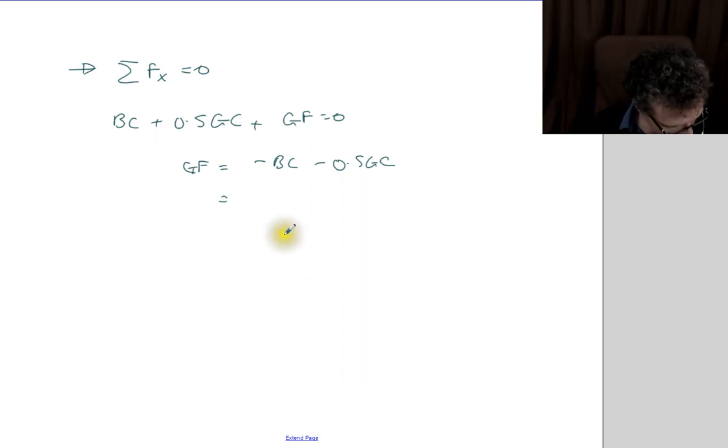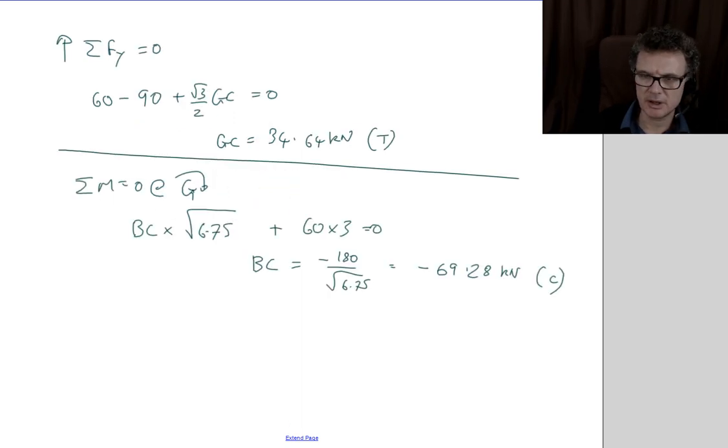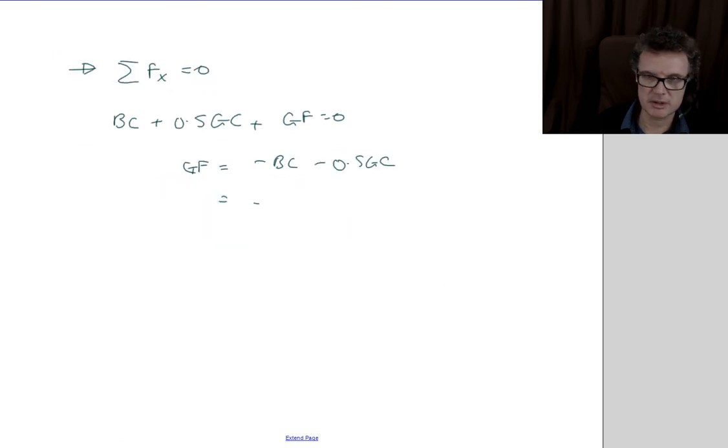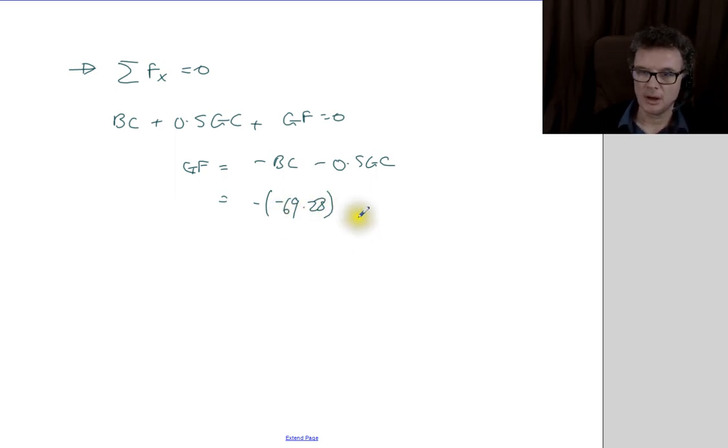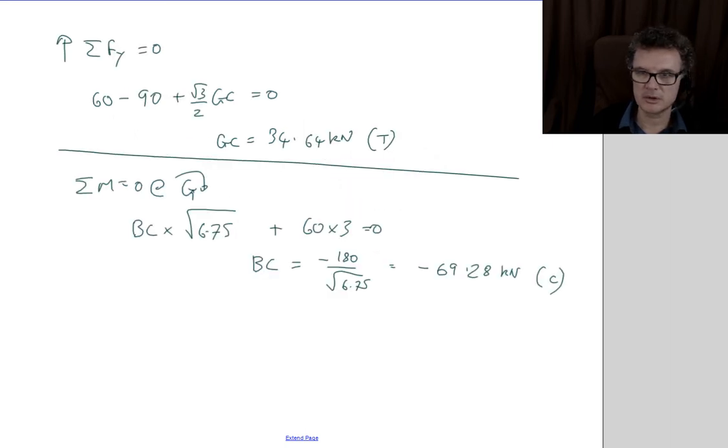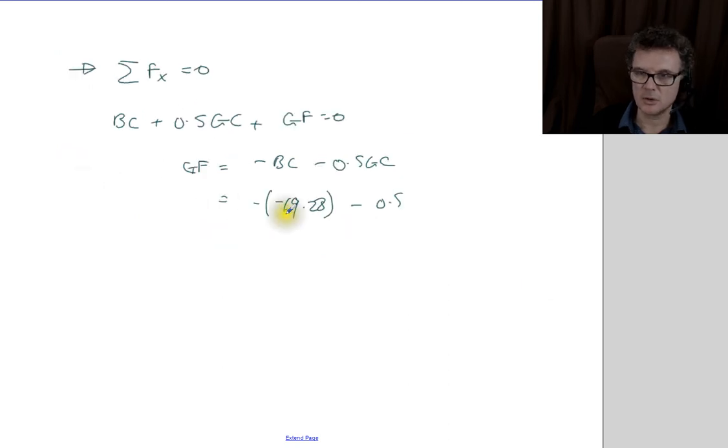We've got, and that will give us minus, so the BC value was, yeah, minus 69.28, and then minus 0.5, and the GC value was 34.64.